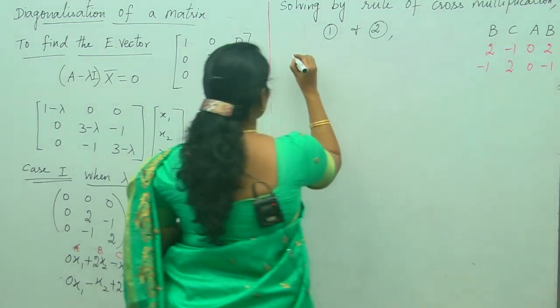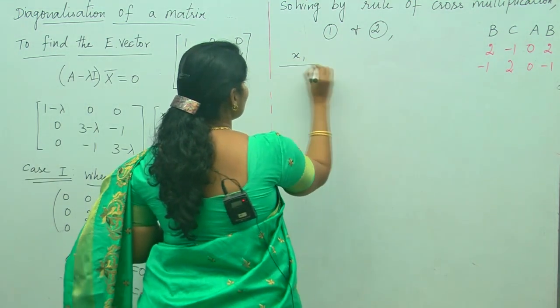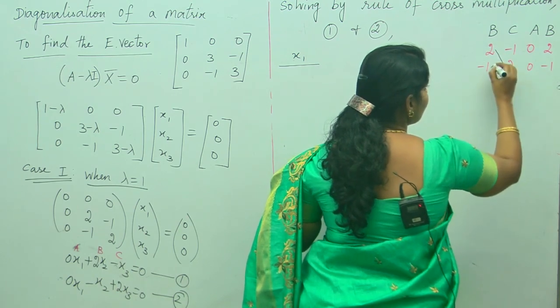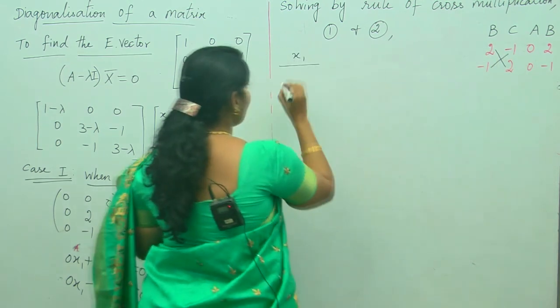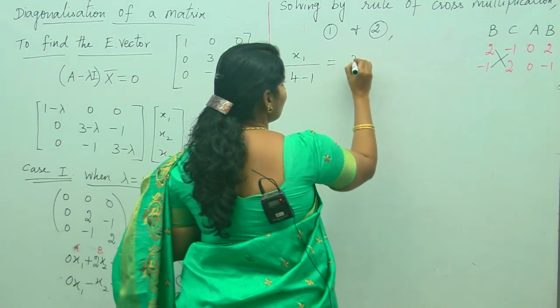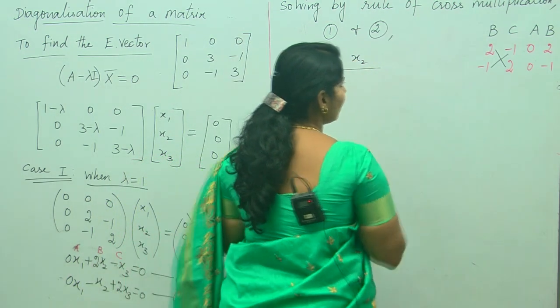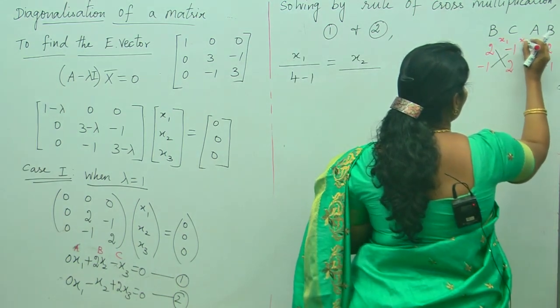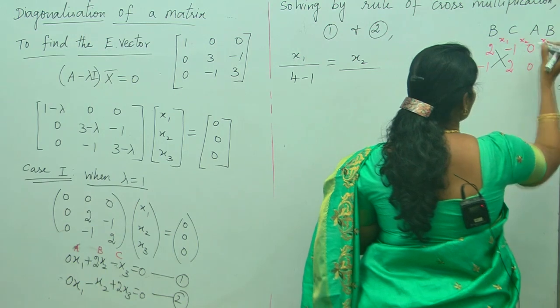Now I am going to do the cross multiplication. x1 divided by 2 into 2 minus -1 into -1. This will give you 4 minus 1, which is equal to next one, x2 divided by, this will be x1, this will be x2 and this will be x3.